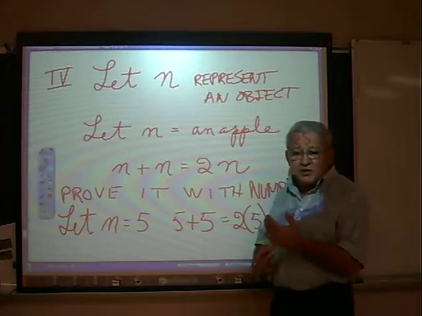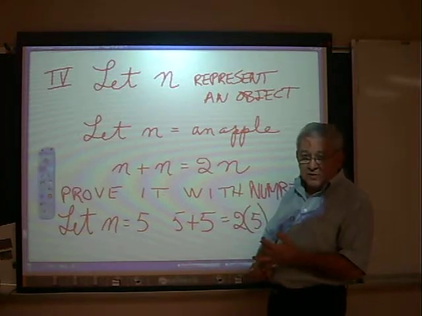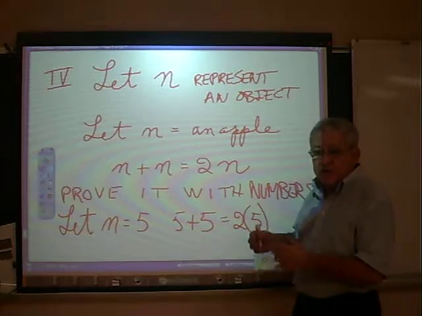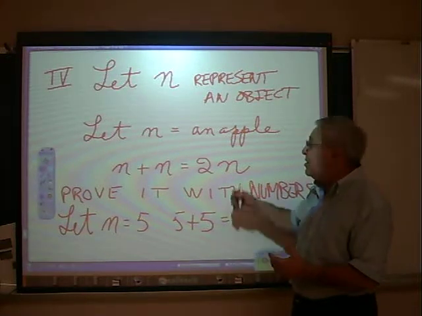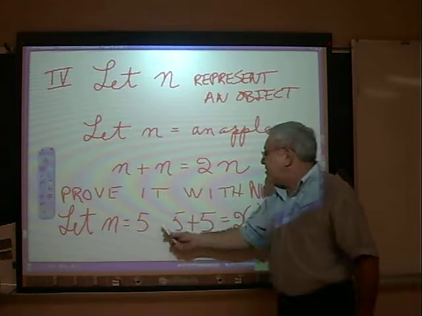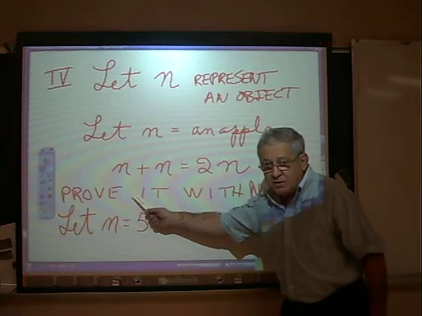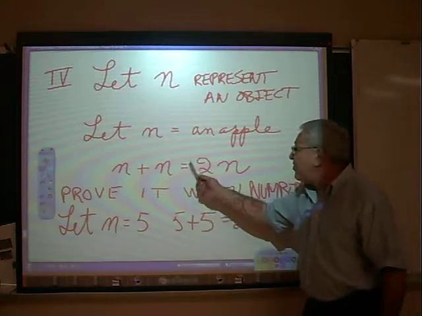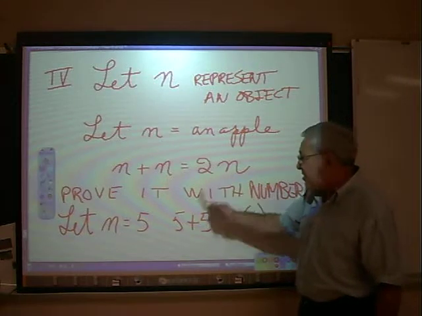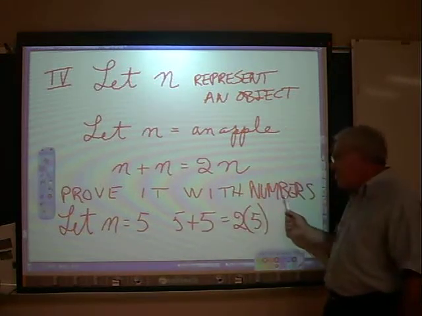Now, if you have addition or subtraction problems using variables, then the best way to think about it is to let the variable stand for an object, because we can add and subtract objects together. But we prove it using numbers. So we think about it using objects, and we prove it with numbers.